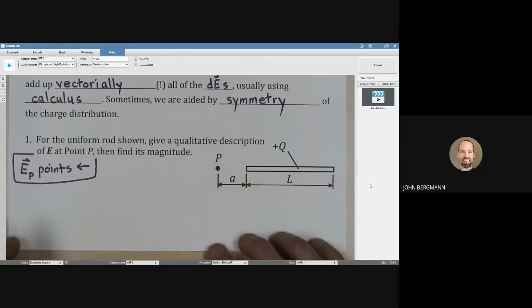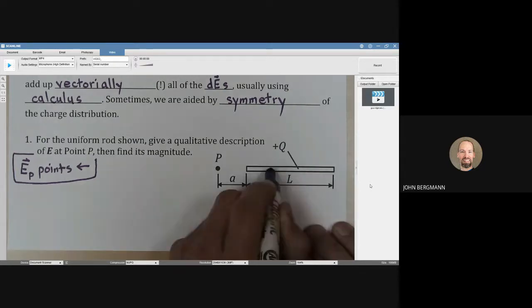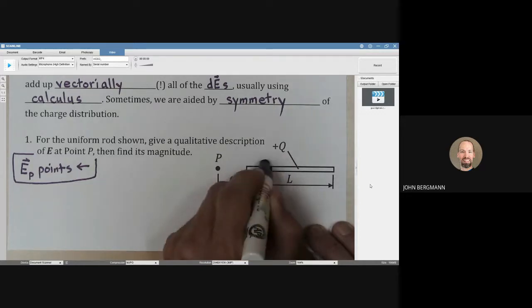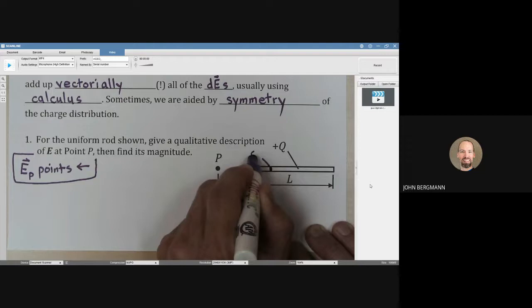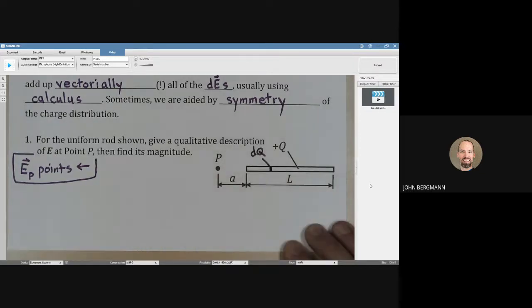And so to find the magnitude of this, what we have to do is, you see in this rod, a bunch of tiny little dq elements. All right, let me label one of those right there. That little fella right there. It's so tiny that, of course, we can't even see it, but I'll just label one of them right there.